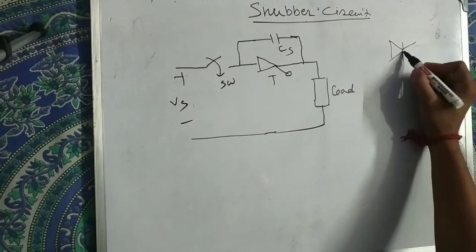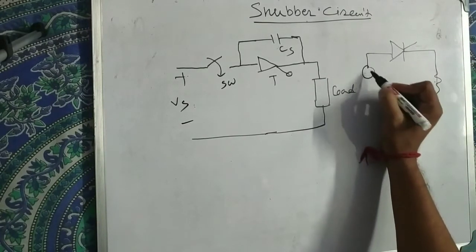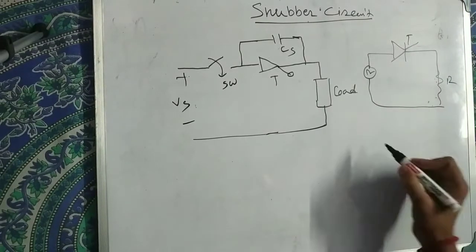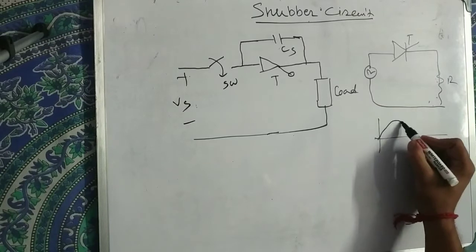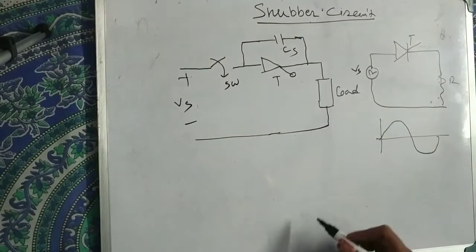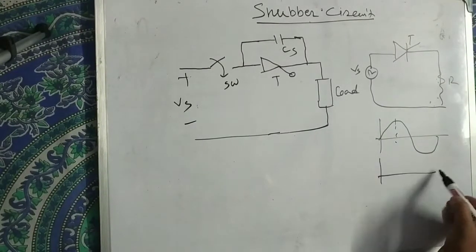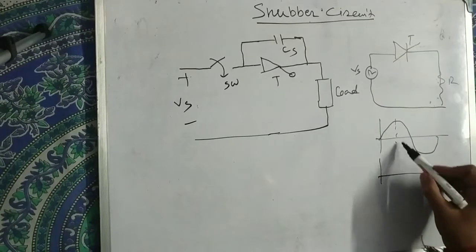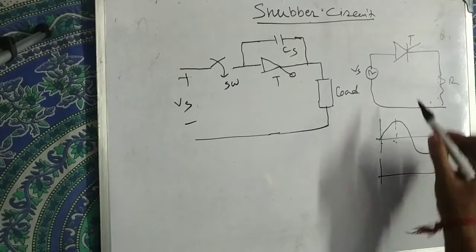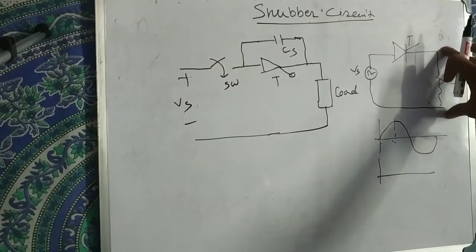There is a difference between an SCR and a diode. Suppose an AC voltage is applied, this is the SCR, and a resistive load. We know the sinusoidal input is here, Vs. If we apply gate current at 90 degrees, then only the SCR will turn on, and from 0 to 90 degrees it is in forward blocking mode, so no voltage will appear across this load.